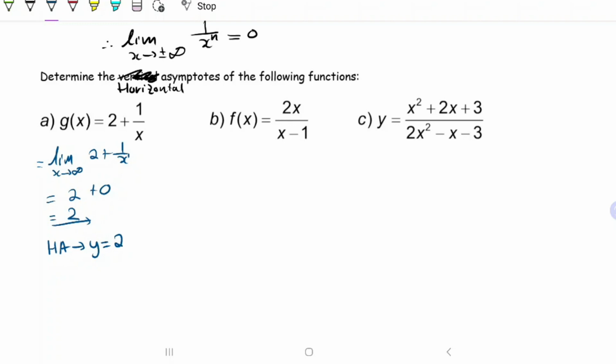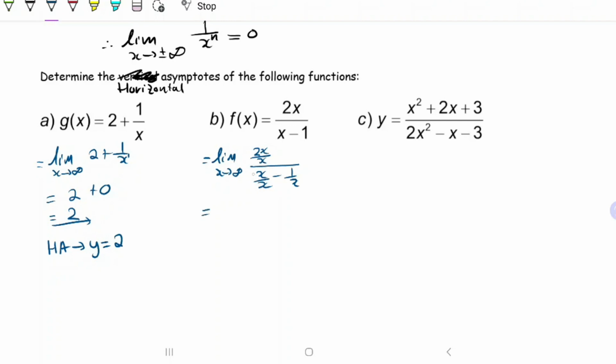Let's tackle more questions where we're doing infinite limits. This is a good reminder to do that. So the limit as x tends to infinity. Remember, we can simplify these expressions by dividing by the highest power that we have. So this will be x over x, and this will be 1 over x.